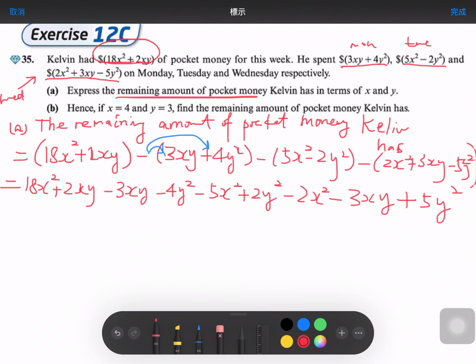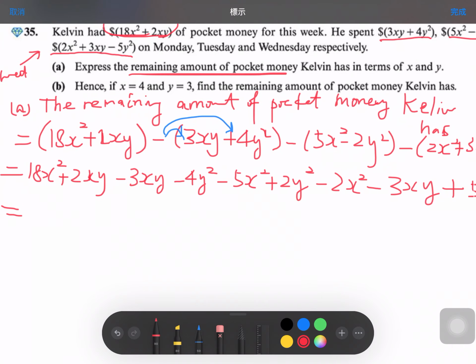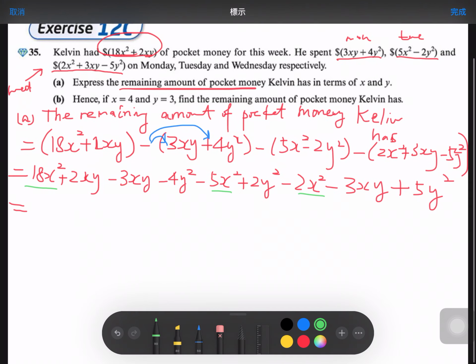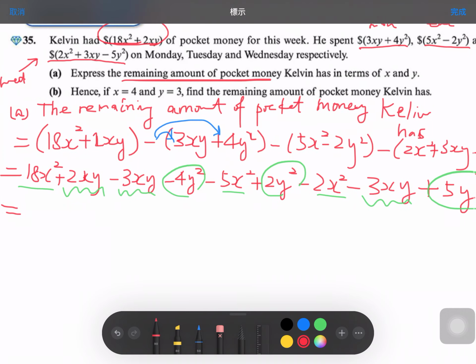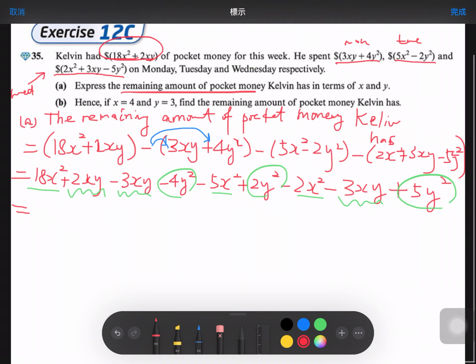So now we have to arrange like terms. You look at the question, there are three kinds of terms. So there are x squared, these three terms. You have y squared, and also you have xy. So we arrange them.